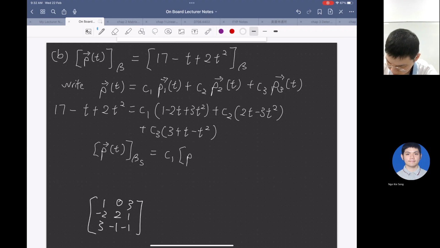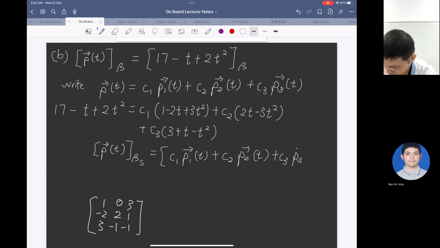C1 times P1 T. What we do is we read the coefficients of the right-hand side and left-hand side with respect to BX, the standard basis in P2.